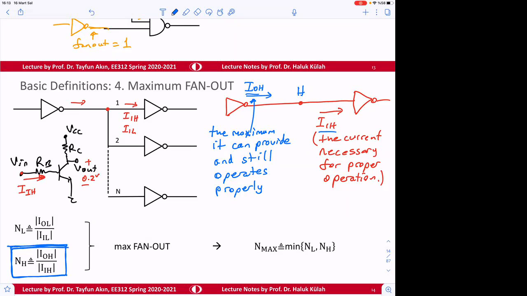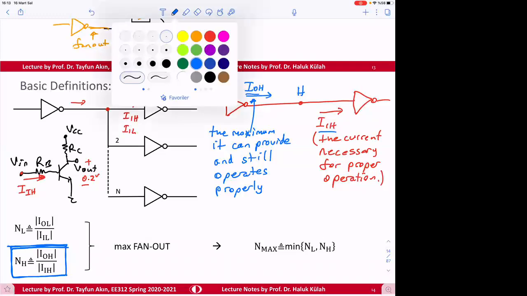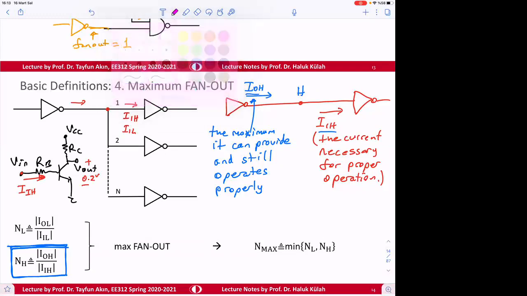Similarly, for the low case, if this is low voltage, then the current directions I'm writing right now conveniently.